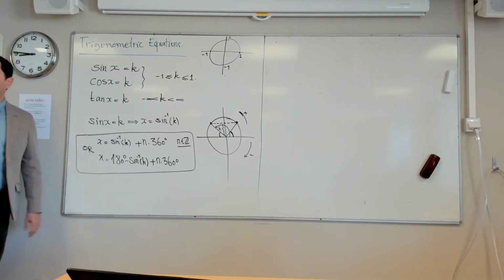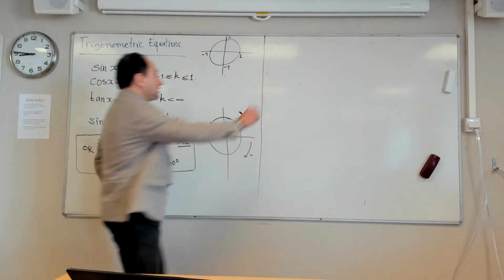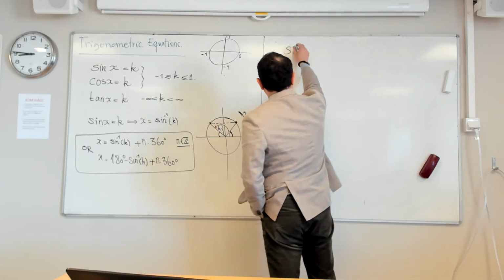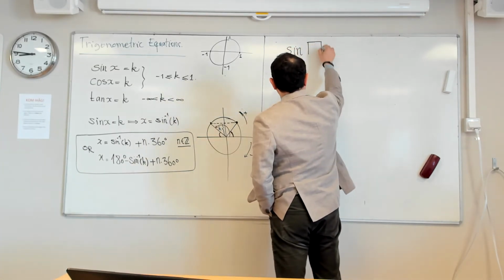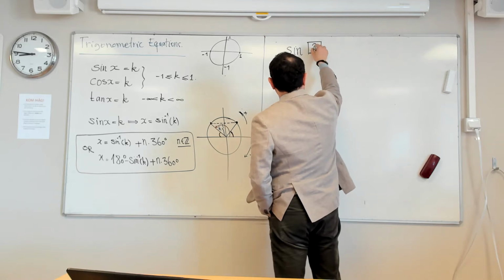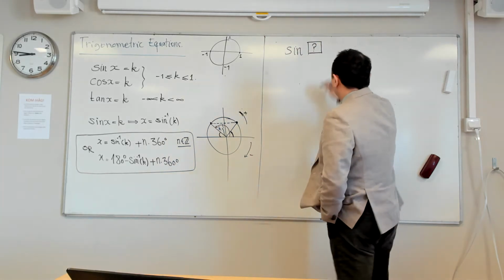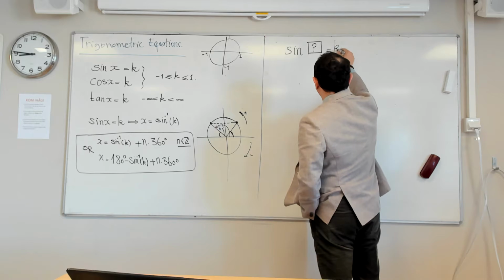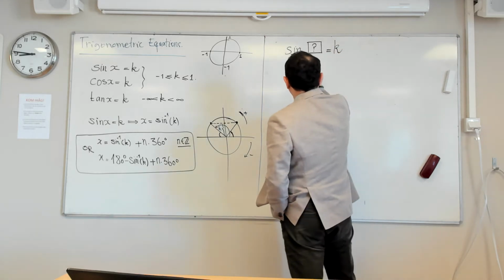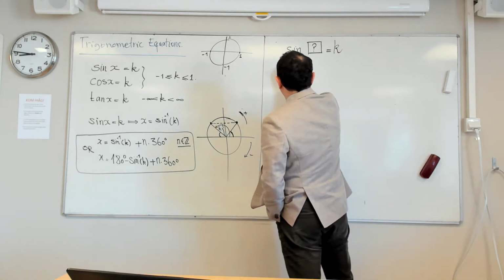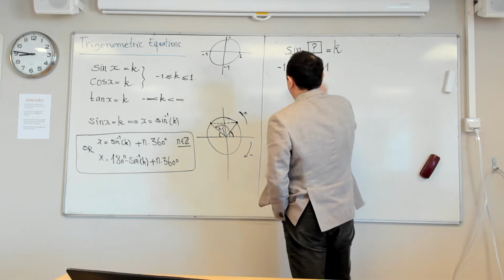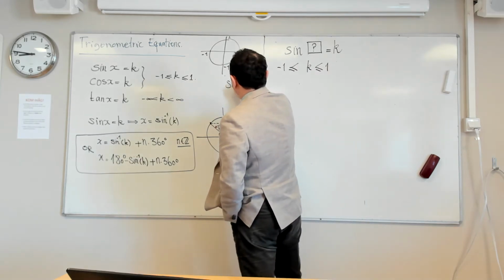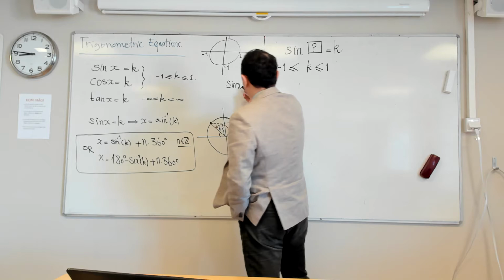Is that understandable for everyone? So let me write this. This is what you need to understand. So if I give you the sine of a box, no matter, we don't know what is inside this box, and this is equal to k, where k definitely should be somewhere between minus 1 and 1. If not, what do you say? If I ask you in an exam, solve this equation for me, what do you answer?